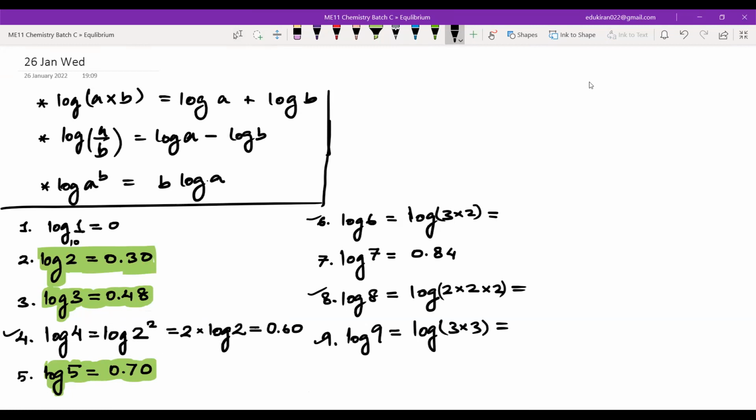So Zainab, you tell me, for log 6 is equal to log 3 into 2, after that, what can you write? Use this rule and tell me, what should I write after this? You look at this question and tell me.